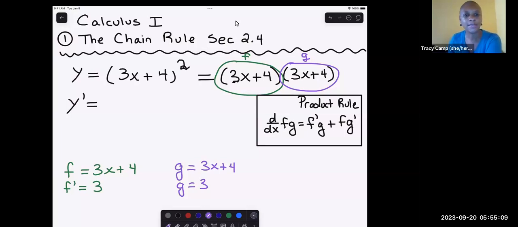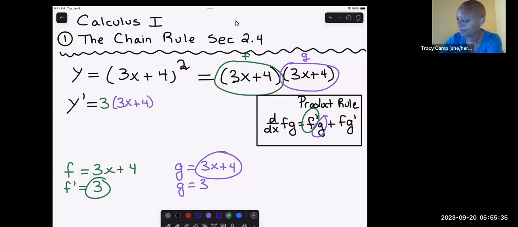And then just using the product rule here, I would get that y prime is my f prime, which is 3, times my g, which is 3x plus 4, plus my f, which is 3x plus 4, times my g prime, which is 3.